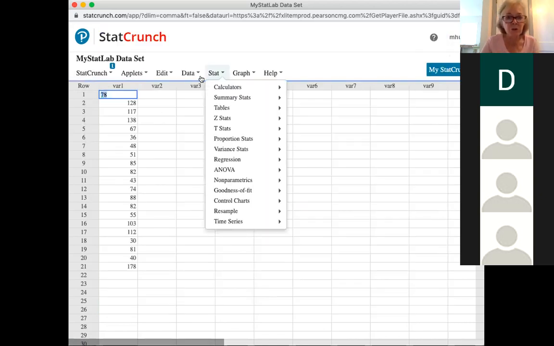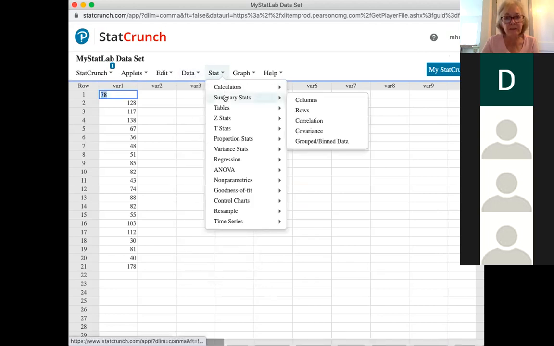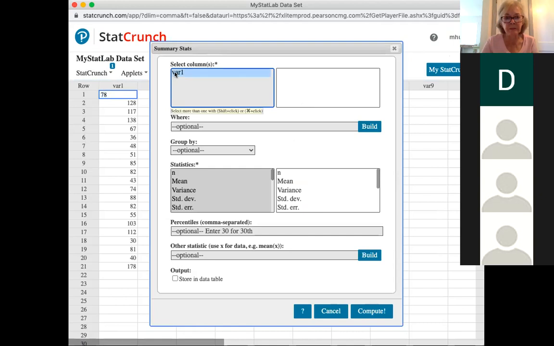And since there were no outliers, I thought there might be. Let's do it this way. Stat, summary stat on the columns. Pick variable 1. You can still see it, right? Maggie, yes? Yes. Okay. So I'm going to click mean. I'm going to, on my Apple, depress the command button.